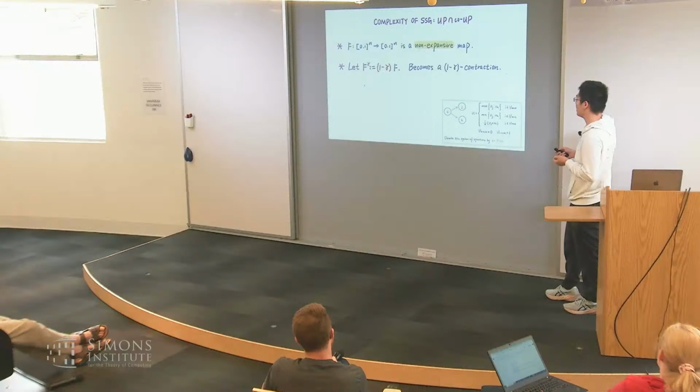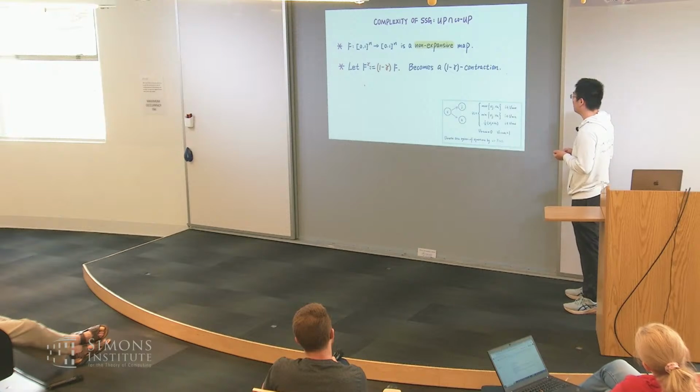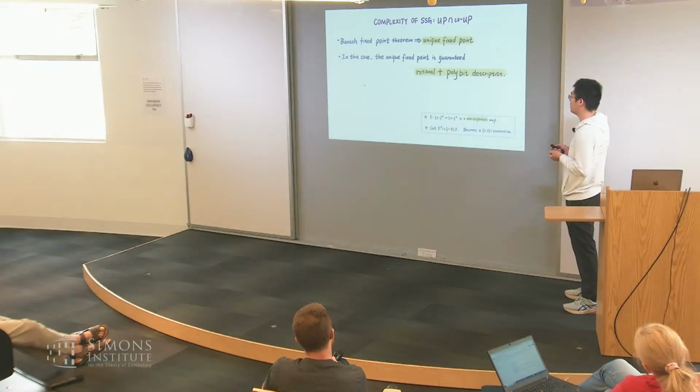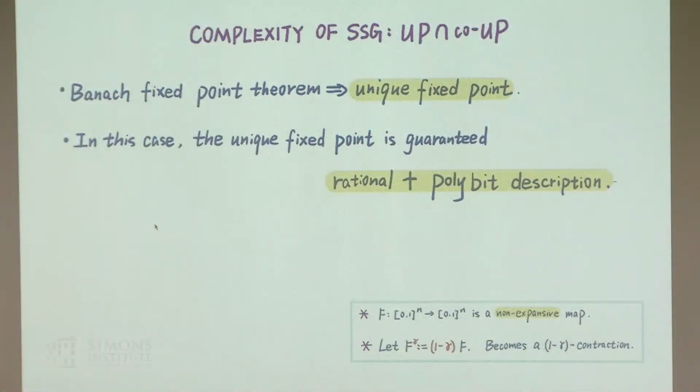times a contraction parameter 1 minus gamma to define a new function to make it a contraction. And then by the Banach fixed point theorem, we know there's a unique fixed point. You can also think about this reduction as reducing simple stochastic game to the non-stopping game.